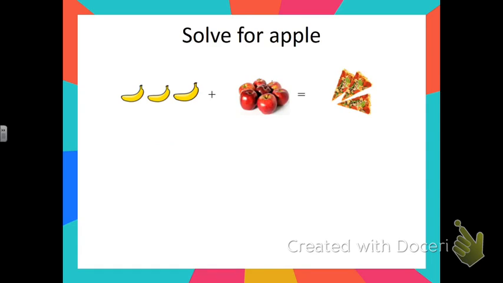I have another silly one here. So I have 3 bananas. You've seen one like this, we did it the first day. Plus 7 apples equals 3 slices of pizza, and I'm going to solve for apple. Since I'm solving for 1 apple, I'm going to change this to put some symbols. So 3 bananas plus 7 apples equals 3 slices of pizza.